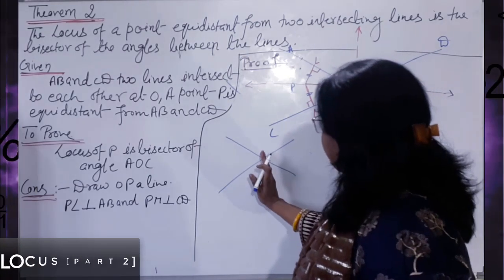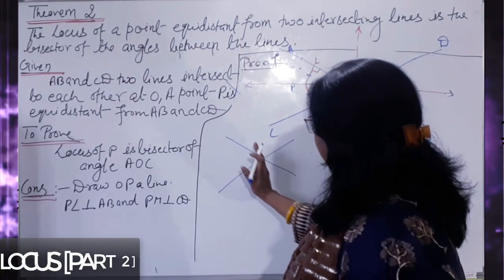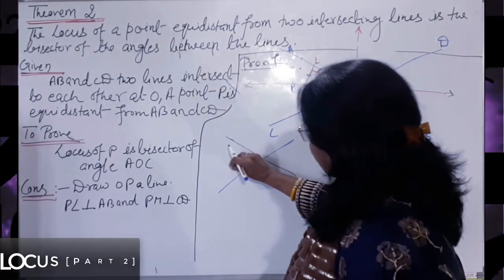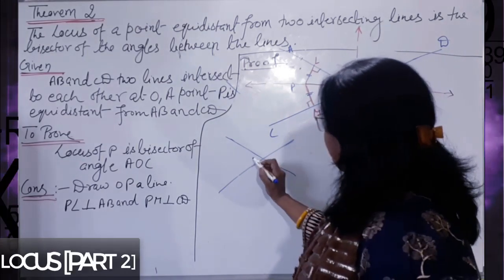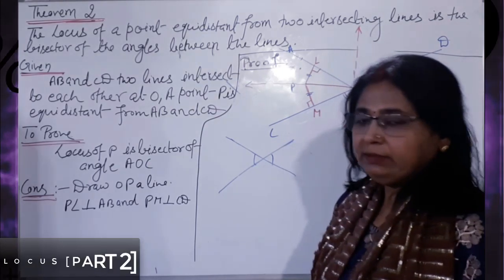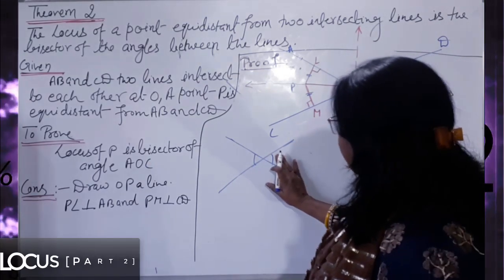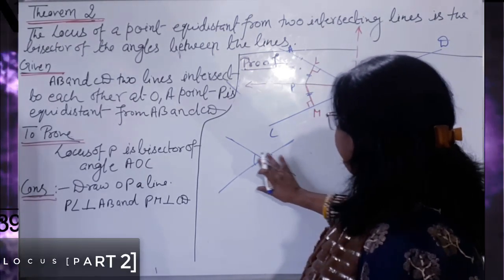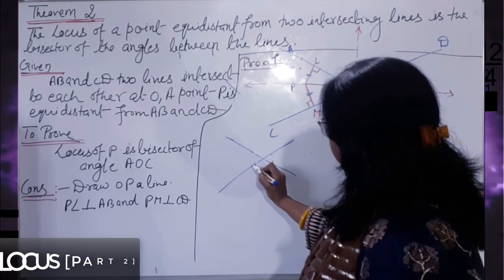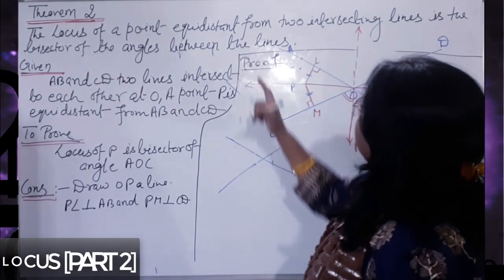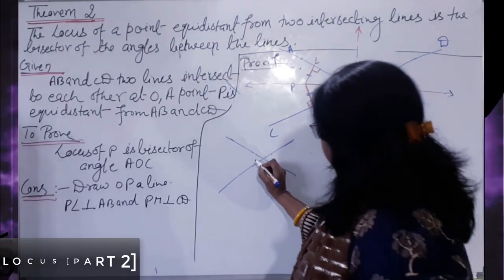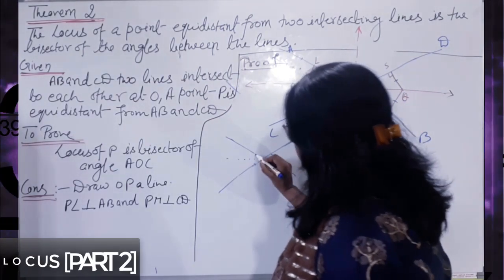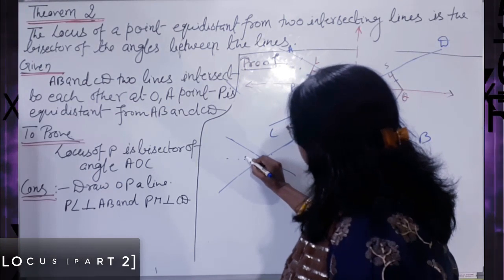That means at this intersection there are two parts. In this interior portion, this angle and this angle are both equal, vertically opposite angles. So I have supposed this side; you can take the other side also, but I have taken this side. Now, the locus of all those points which are equidistant from both the lines.